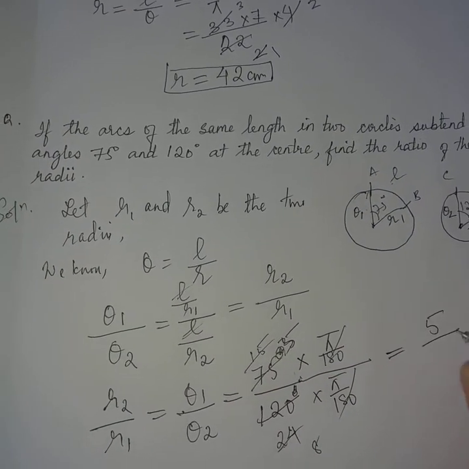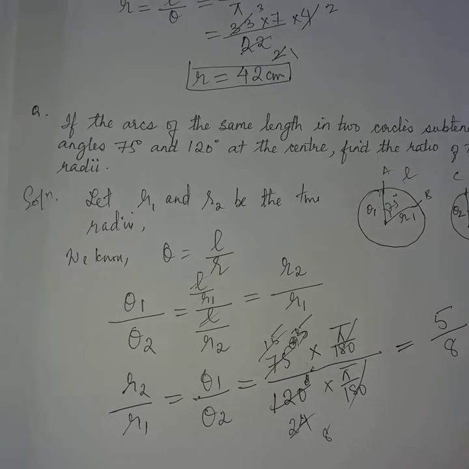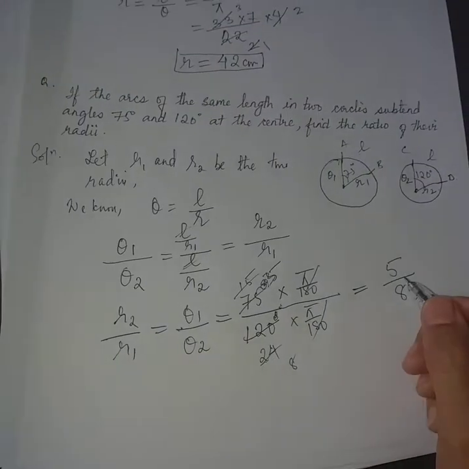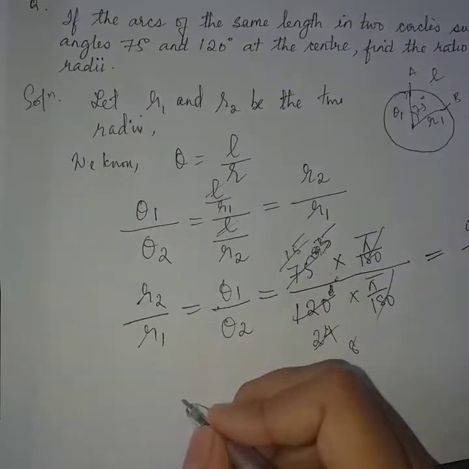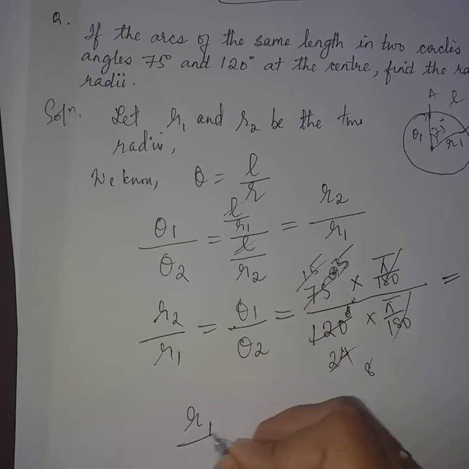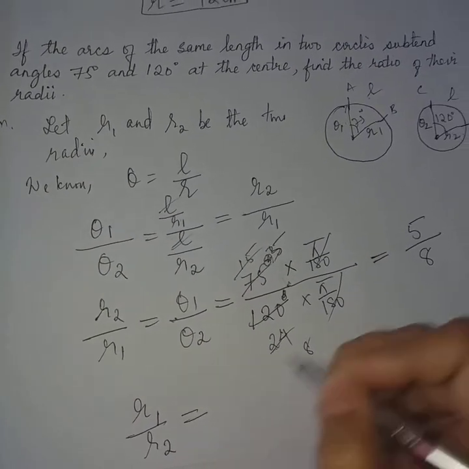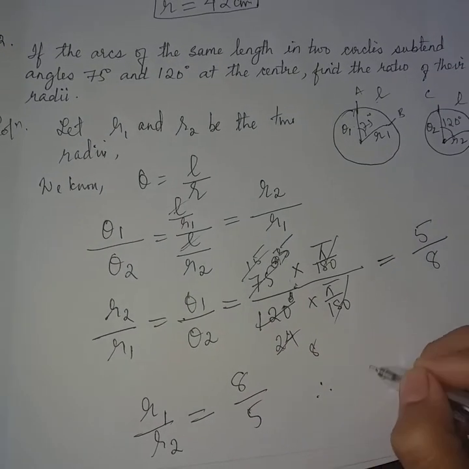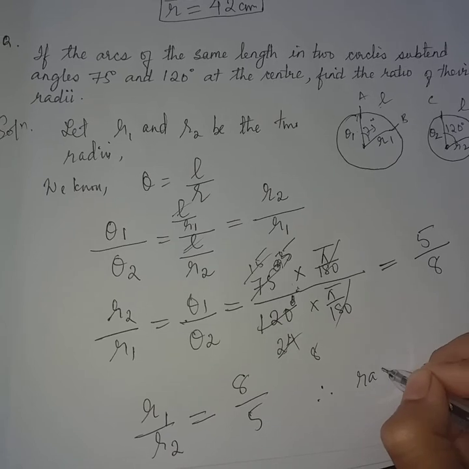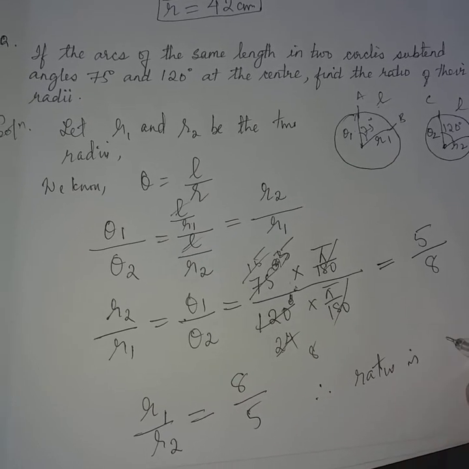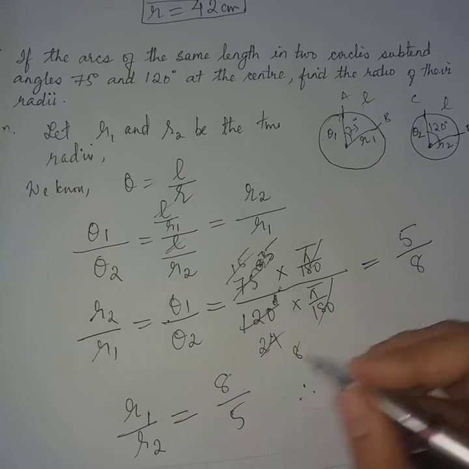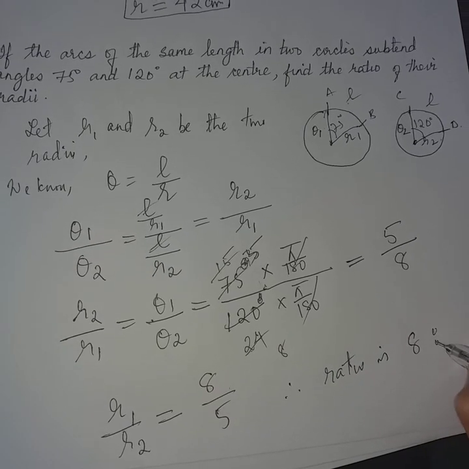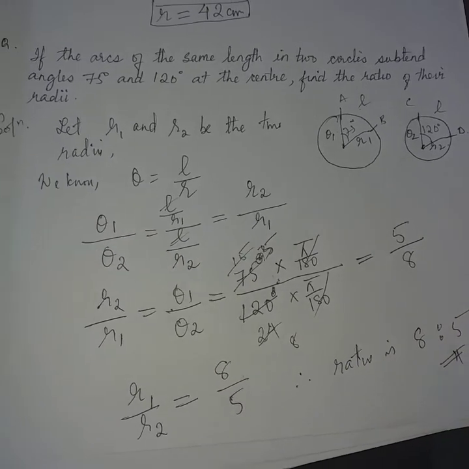So we have 5 by 8. The ratio R2 by R1 is 5 by 8, or taking the reciprocal, R1 by R2 is 8 by 5. So the required ratio is 8:5.